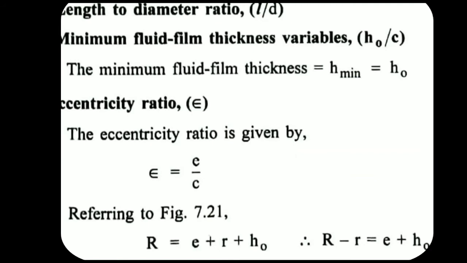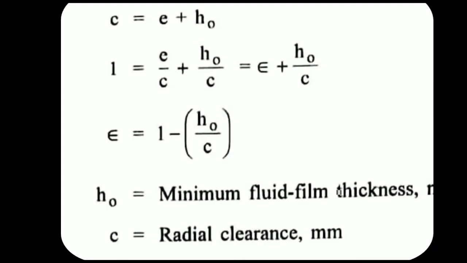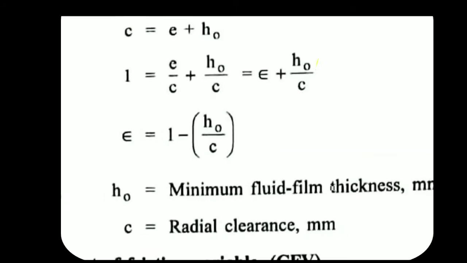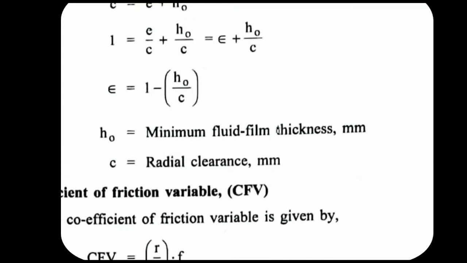R minus r is nothing but C, the radial clearance. Dividing every term by C, we get the eccentricity ratio plus h0 by C, so the eccentricity ratio is equal to 1 minus h0 by C, or h0 by C is equal to 1 minus epsilon. This gives the oil film thickness with respect to the eccentricity ratio.